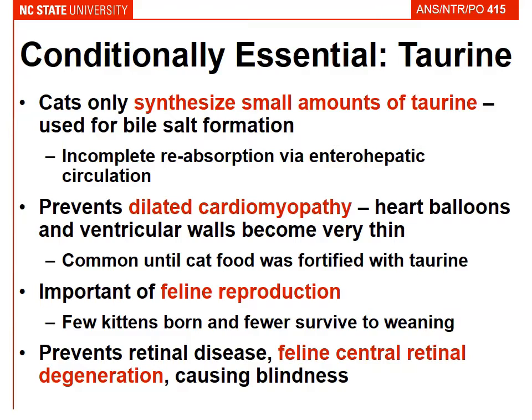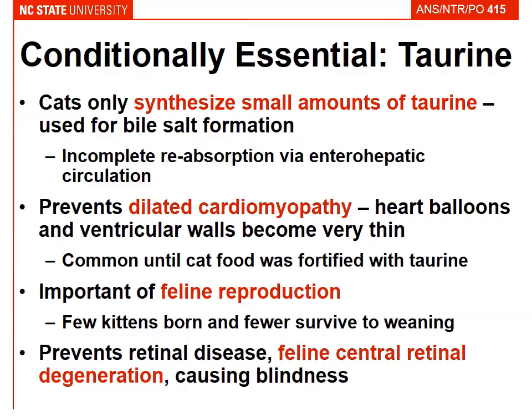Our cats can synthesize taurine, but only in small quantities. Once again, it makes sense because they evolved to be on the top end of the food chain. They're eating meat which has adequate amounts of taurine. So a lot of their taurine, they utilize.